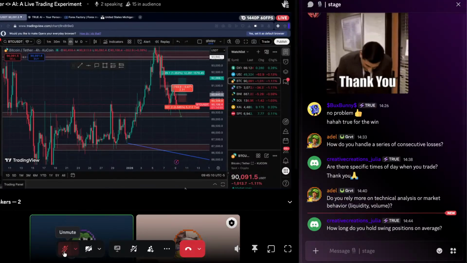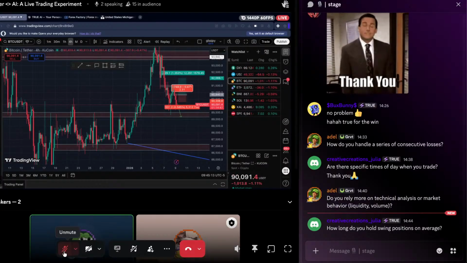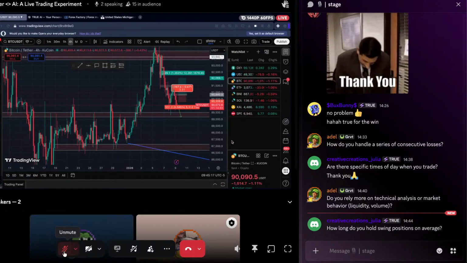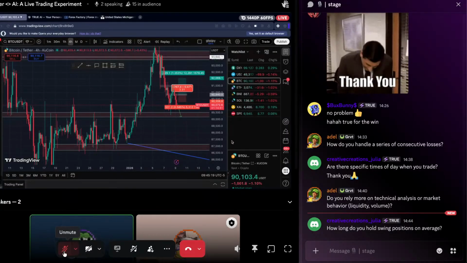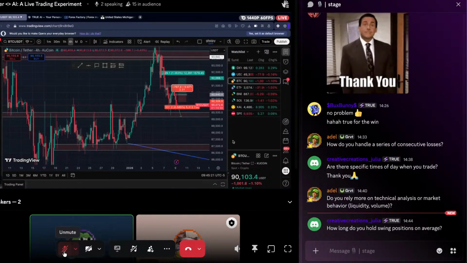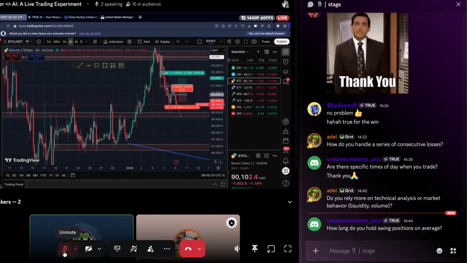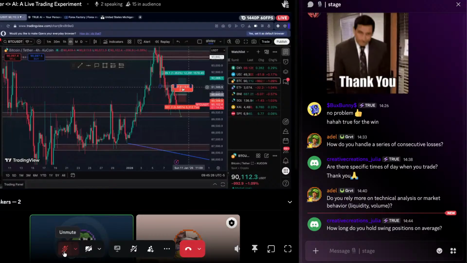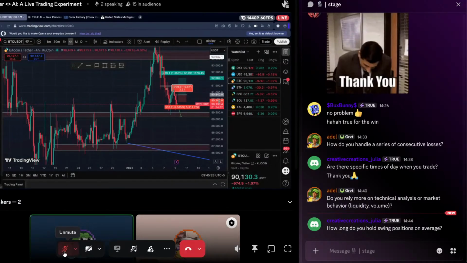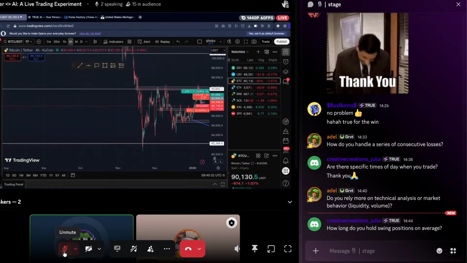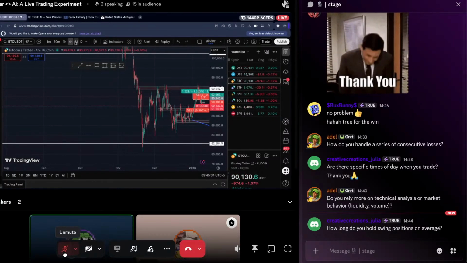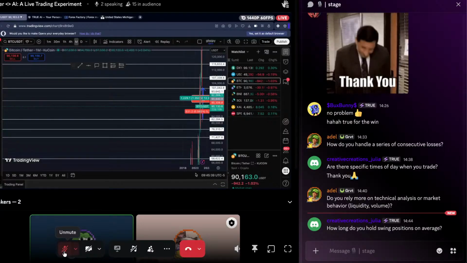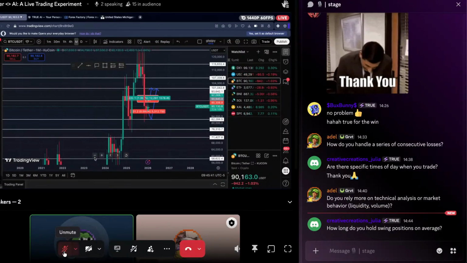How long do you hold swing positions on average? On swing positions, till it hits my target. Right, there's one position that I'm in, I've been in it for almost a year now. It's a 3x long from Bitcoin, and that long is running from, I believe, 76K.